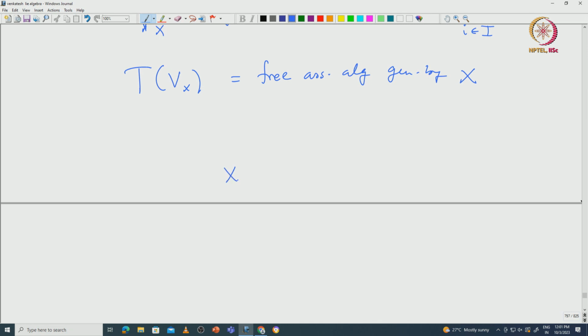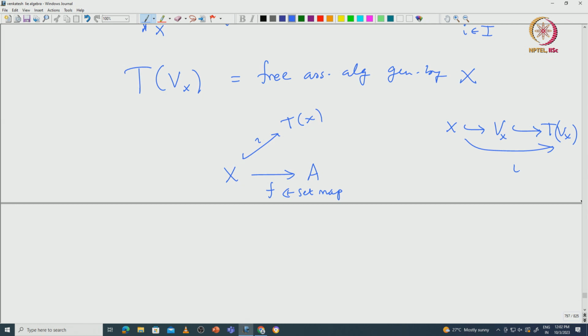Any given map from capital X to some associative algebra, so this is just a set map, should be extended. First of all, this X should sit inside T(V_X). That is given by the iota, because X is sitting inside V_X, and V_X is sitting inside T(V_X). That combination we call iota. So given this f, there exists a unique f tilde such that this diagram is commutative.